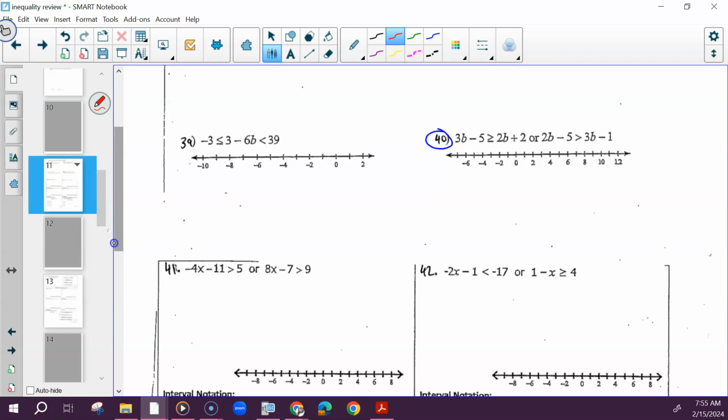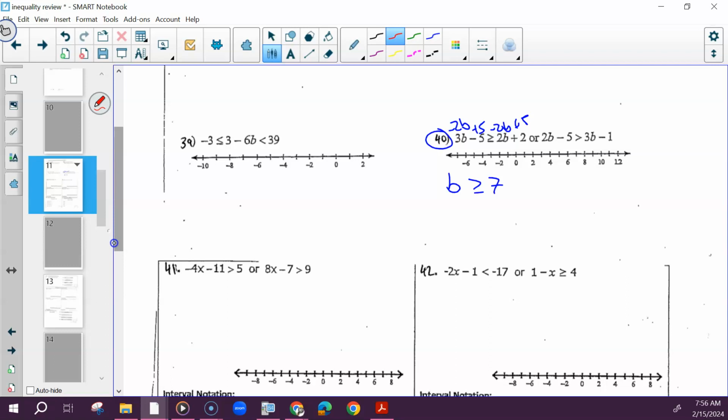Move one of the variables to the other side. Let's say I get rid of 2b. So I have b minus 5, and I'm going to add 5 at the same time. So b is greater than or equal to 7.